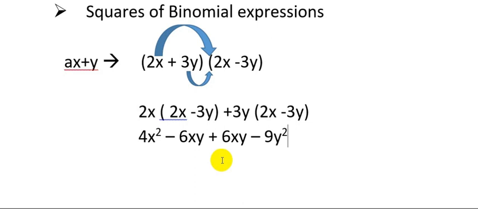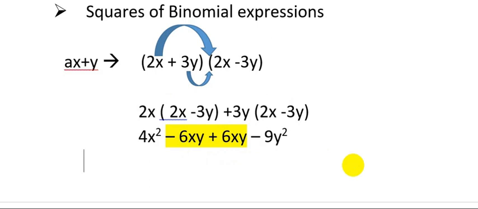Now here, as you can see, there are two similar terms that we can further simplify, minus 6xy and plus 6xy. That can be simply eliminated, because minus 6 we can eliminate with plus 6.